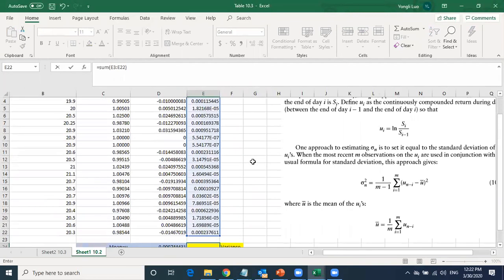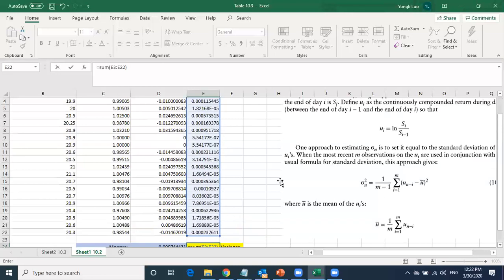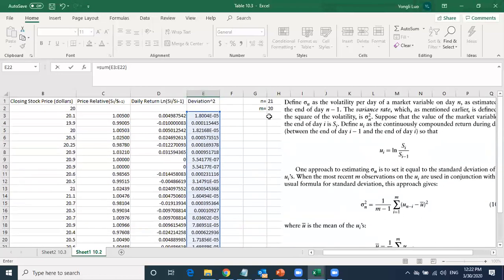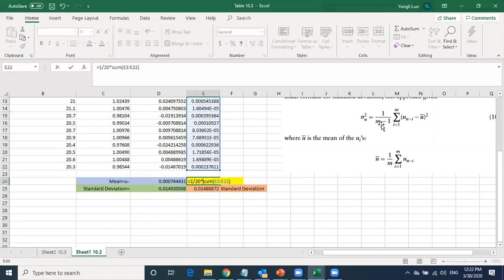So what else do you need to do? You have m minus 1. Remember the m is 20, so you have 20 returns, and you lose 1 degree of freedom. So m is 20. You sum them up and multiply by 1 over 20 minus 1.